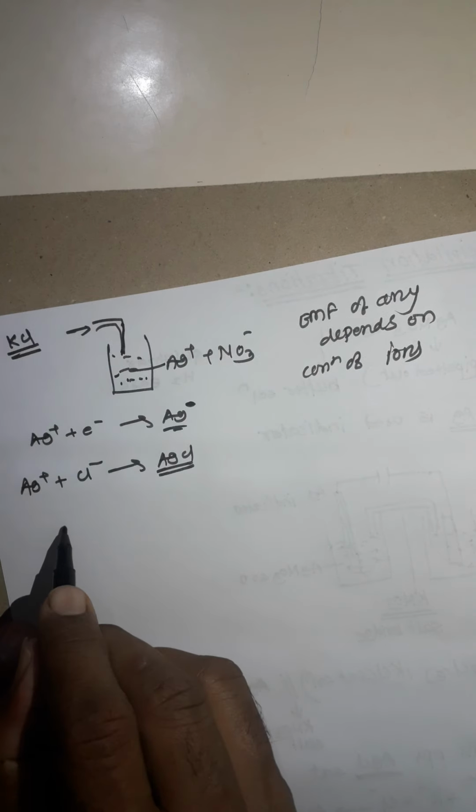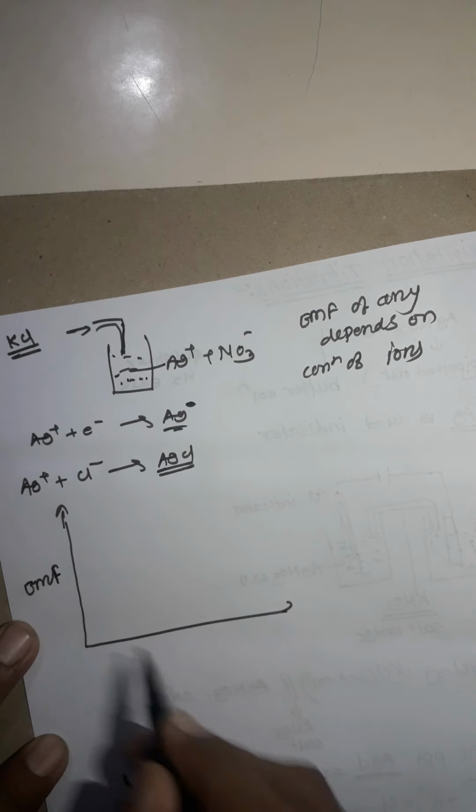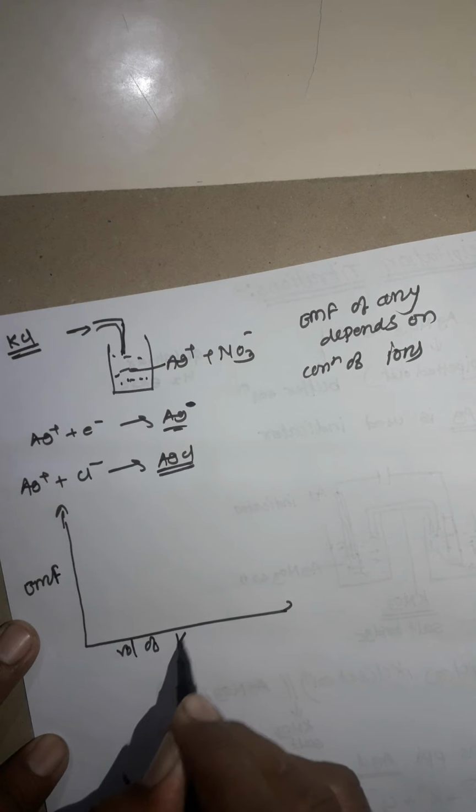Then how to represent the graph? In this graph, we plot EMF against the volume of KCl.